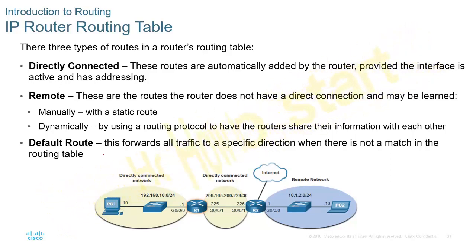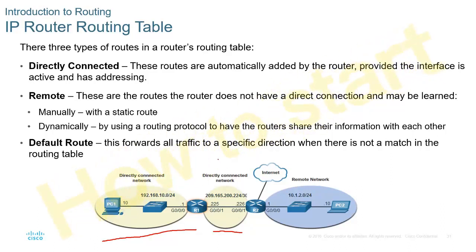And that is essentially, these are remote networks that we can say, oh, I know this network is attached to router 2, I know how to get to router 2, so anything destined for this remote network, I can send to router 2. You will notice on the diagram, this is the directly connected network for router 1. This is a directly connected network for router 2, also for router 1.